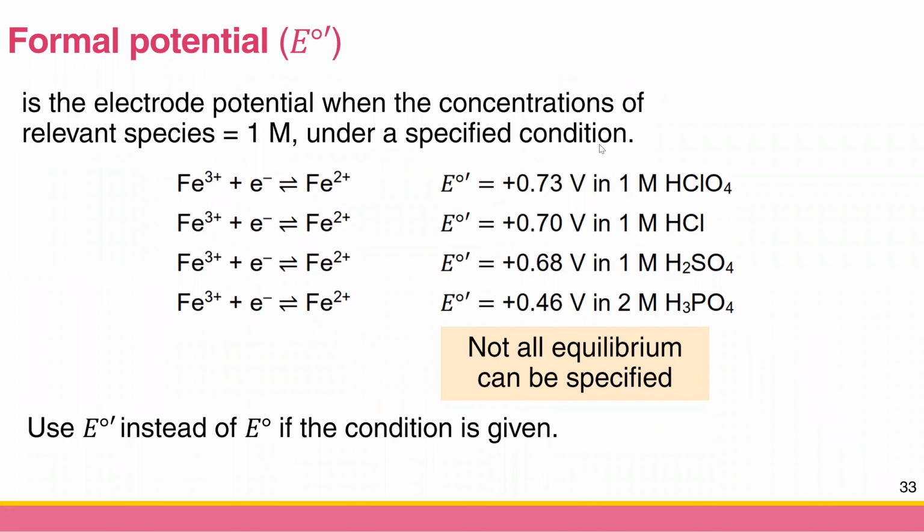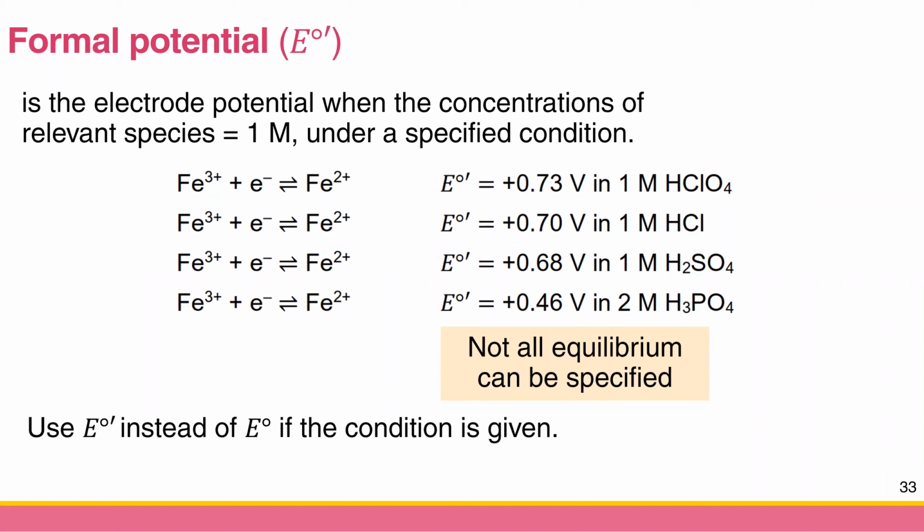For example, if we write iron 3 plus plus an electron gives iron 2 plus, that's the standard electrode potential by definition. It must have the anion, but the anion must not have any reaction with this iron.